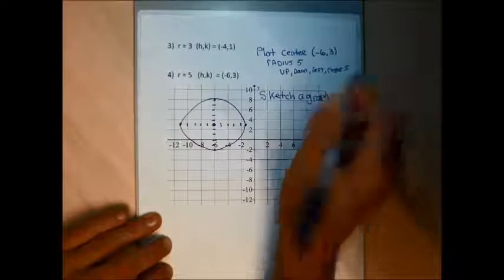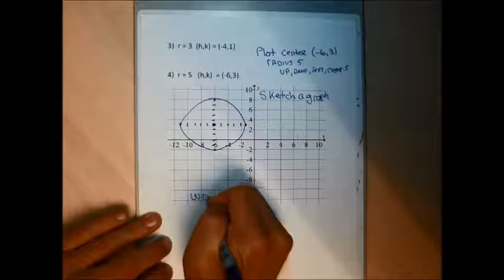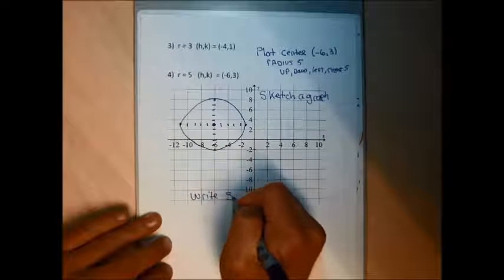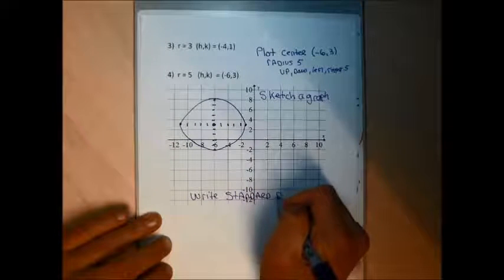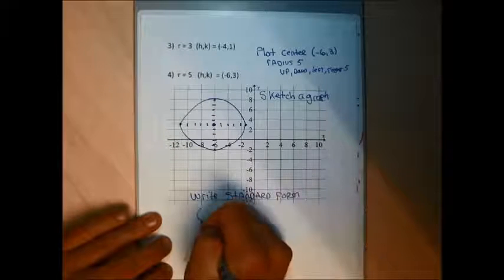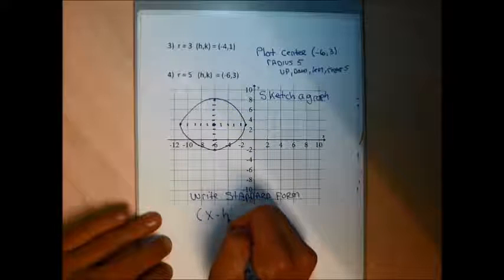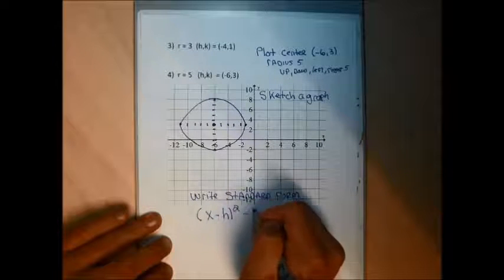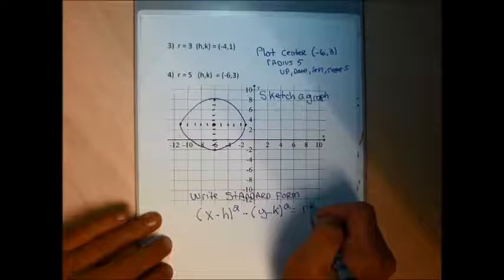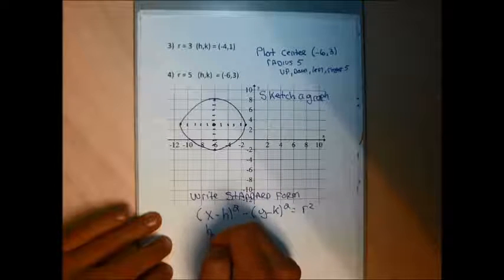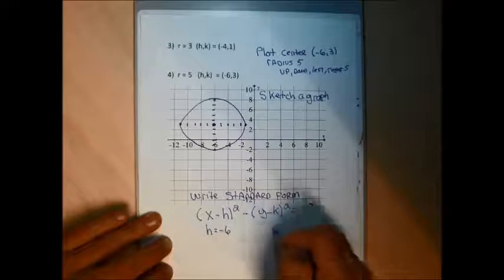The other part of the instructions said write the standard form. So I need both parts for my answer. And to write the standard form, I'm just going to use the standard form of a circle equation, (x minus h) squared plus (y minus k) squared equals r squared. For h, I'm going to plug in -6.